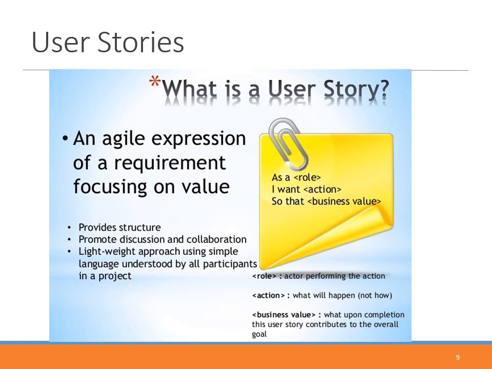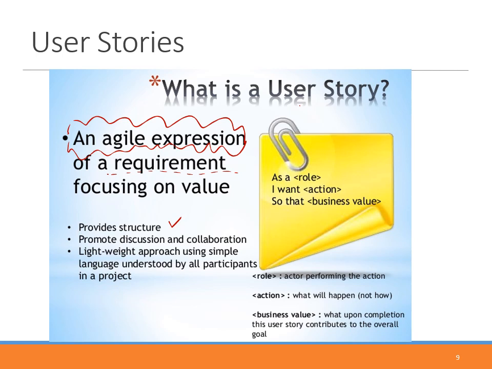These could tell us some guidelines on how to write a user story appropriately in an agile way. So recall again, a user story is an agile expression of a requirement. Okay, so it is a requirement from a user. It should have a certain structure so that the user can write it completely, correctly, systematically, structurally.